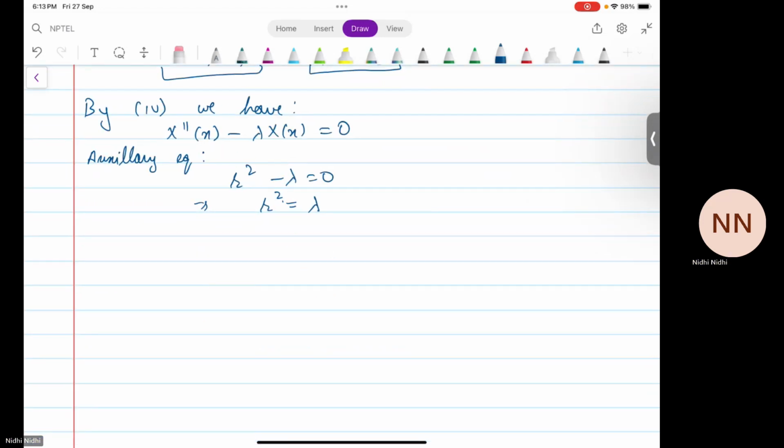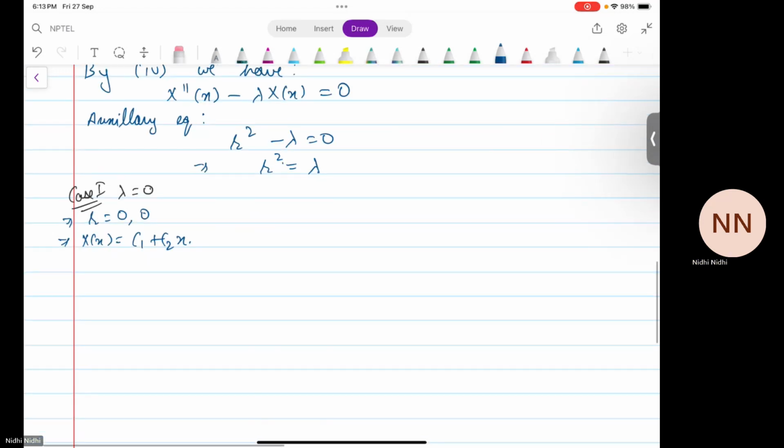So we have case 1 when lambda is 0. In this case we get r equals 0, 0, which implies X is equal to c1 plus c2 x. Now by first and second we have 0 equals X(0). X(0) is c1.